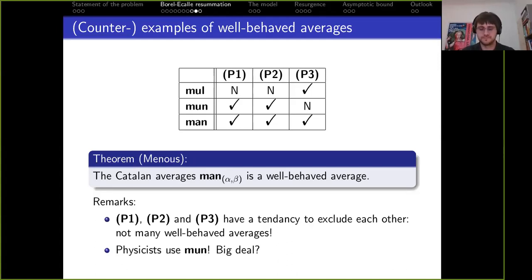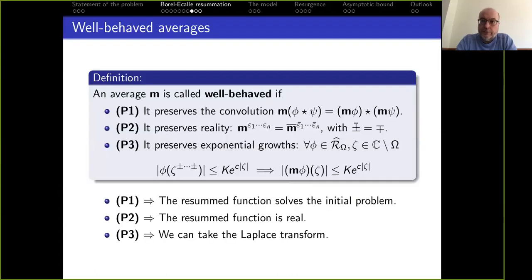It's a possibility. Could you again show the definitions of P1, P2, P3? Yeah, it's there. So this analytical property P3 is really to make sure that you can take the Laplace transform at the end. But physicists that use resurgence, I don't think they really prove convergence properties or existence of a solution.